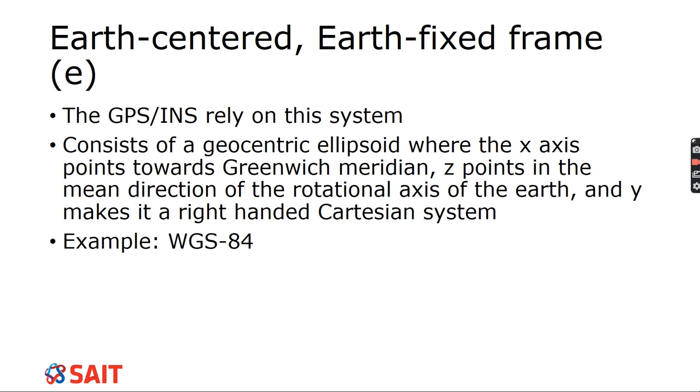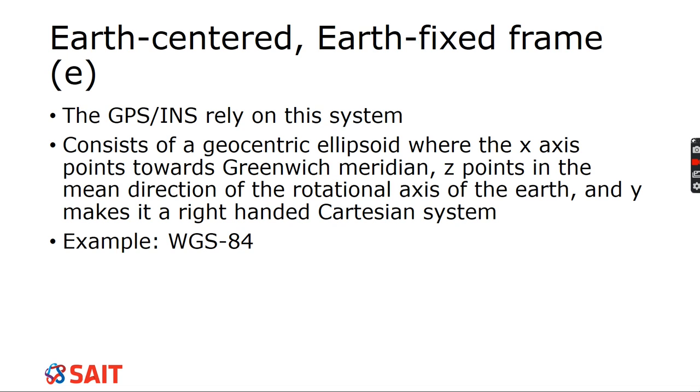Then, bouncing around here, we have the Earth-Centered Earth-Fixed frame, which is the E frame, also known as the Earth frame. This is what the GPS and INS rely on, so they're based on the center of the Earth. It's a geocentric ellipsoid, also known as WGS84, that we often use.